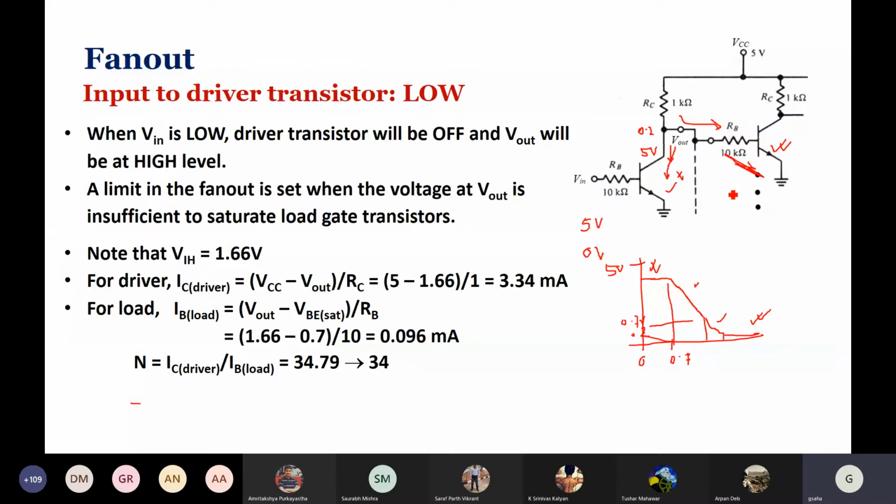Are you all able to hear me? Yes, sir. Okay. So if I connect a third one, more current will flow. So that way it will keep coming down from 5 volt to some volts, 4 volt, then 3 volt, then maybe 2 volt. I do not know. I mean, you have to do the calculation, right?